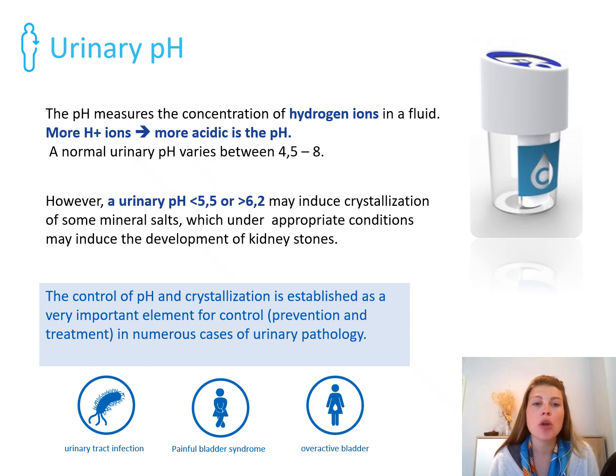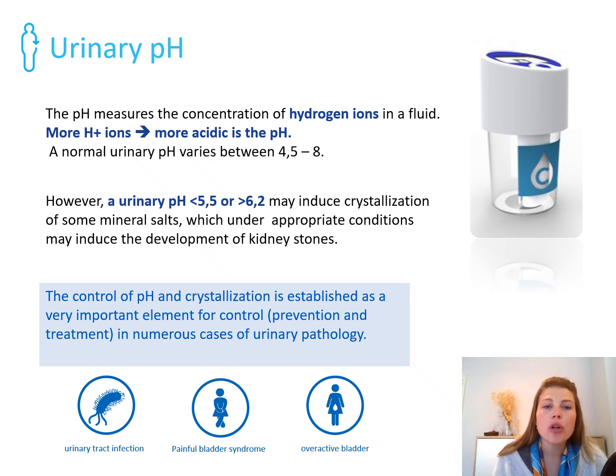A normal urine pH varies between 4.5 and 8 all along the day. It's normal that it will be more acidic during the morning, and it changes depending on the type of food you eat during the day.